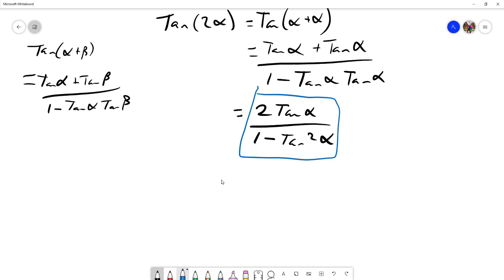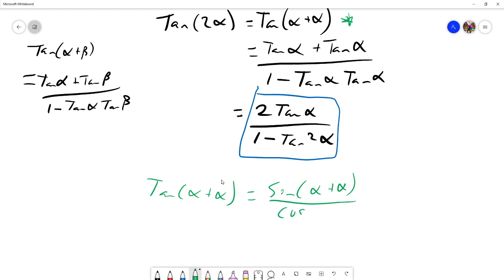So, if we go back to our step right here, tangent of 2 alpha is equal to sine of 2 alpha over cosine of 2 alpha.